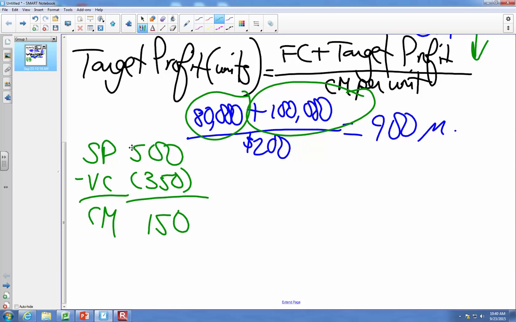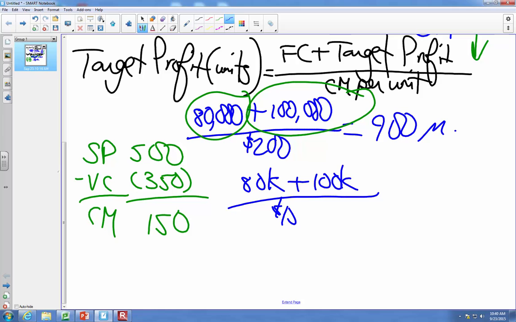Based on the information I just gave you, I'm going to give my salespeople another $50 for each bike. What does that do? It drops the amount that each bike sold can contribute to covering fixed costs and profits. So now, that's the same 80 grand plus 100 grand, but my CM's 150 each.